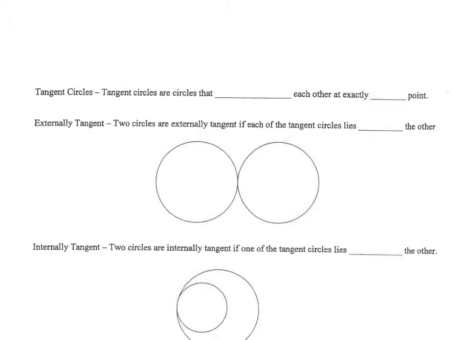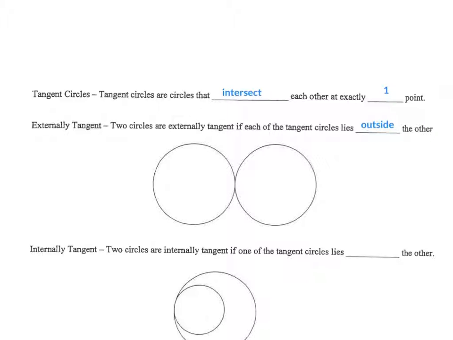Next page. Tangent circles. Tangent circles are circles that intersect each other at exactly 1 point. We're going to have 2 types of tangent circles. We have externally tangent circles. So the external ones are right here, and you see that they only touch at 1 point.